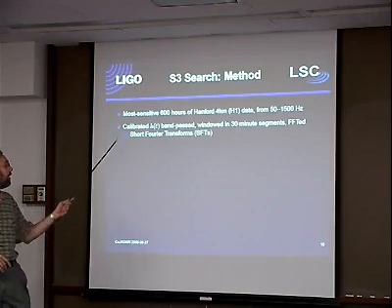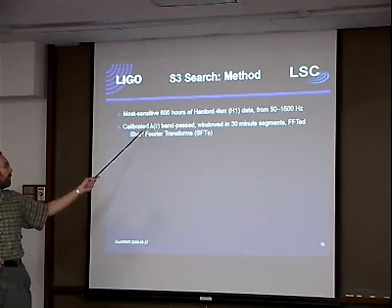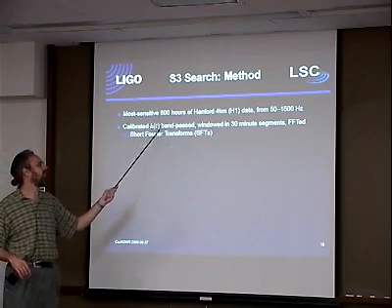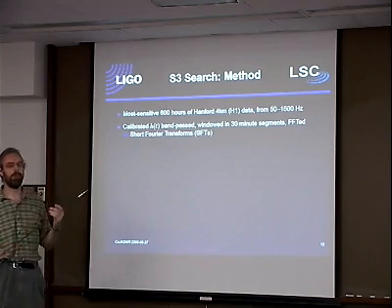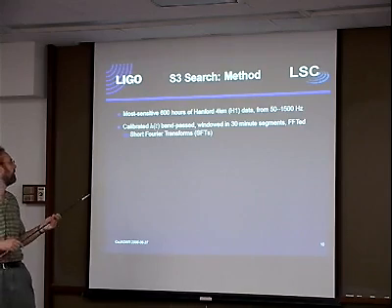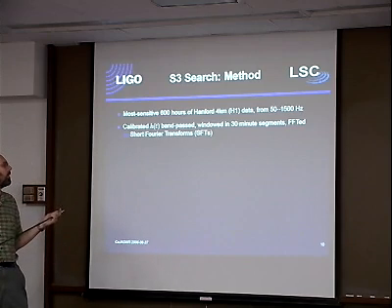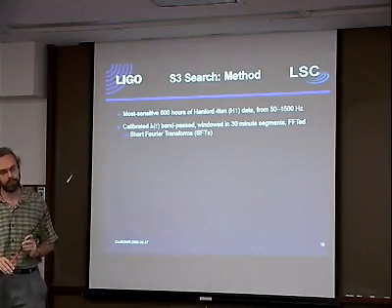So the data was calibrated to produce basically strain as a function of time. That was bandpassed into the frequency band of interest, and it was windowed into 30-minute segments, which were then FFT'd. This is the basic data product that we start with, these short Fourier transforms.